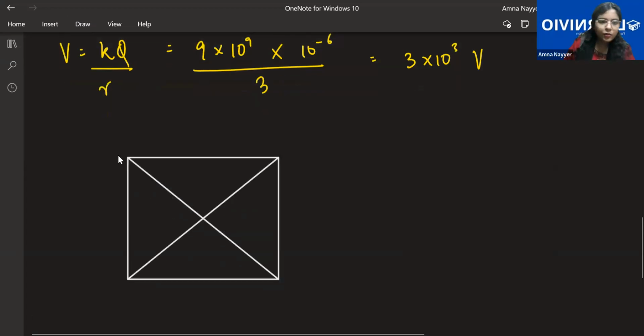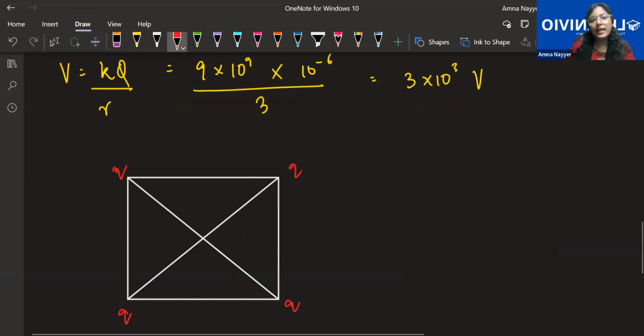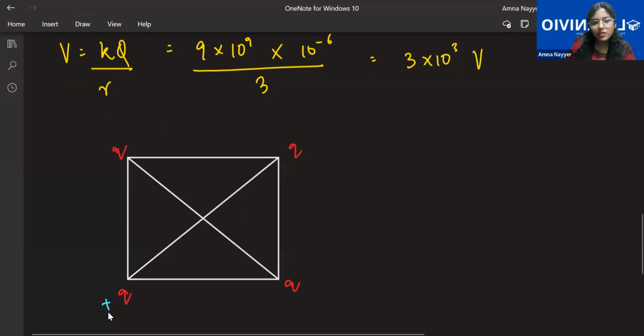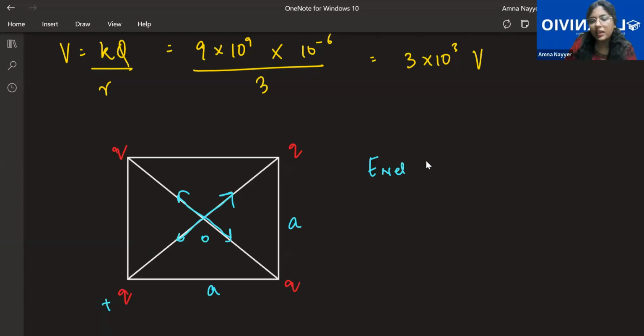Here we have four charges Q, one at each corner. When calculating the net electric field, the field due to each positive charge points away from it. So it's a symmetrical system, and directly you can say the net electric field at the center will be zero, which we have already studied.